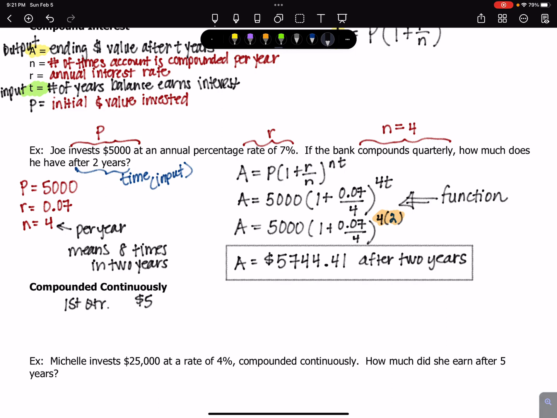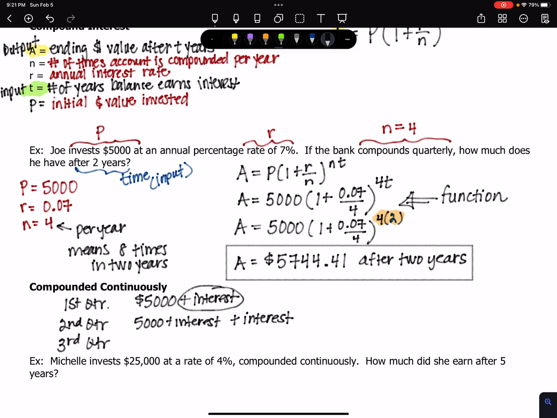You're going to have $5,000 plus some interest that you earned, right? And then the second quarter, that interest that you earned is going to earn more interest because they're going to take that $5,000 plus interest and it's going to earn interest. And then the third quarter, so on and so forth. All of this gets evaluated and it earns interest on top of its interest.